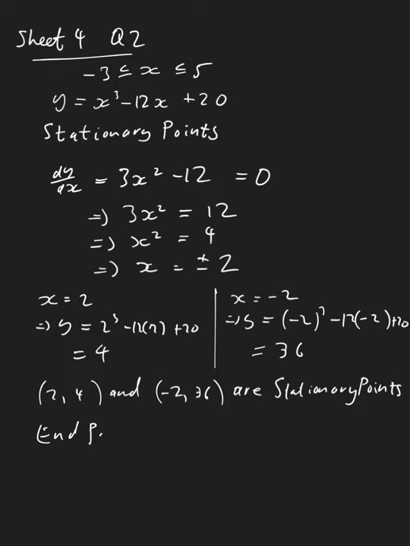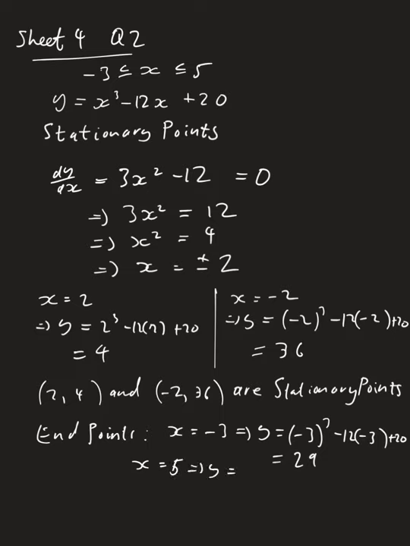So the endpoints of my interval are x equal to minus 3. That will give me y equal to minus 3 cubed minus 12 times minus 3 plus 20, which is equal to 29. My other endpoint was x equal to 5.